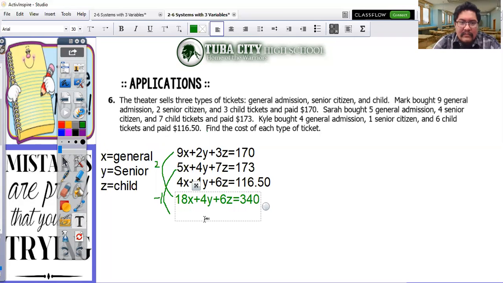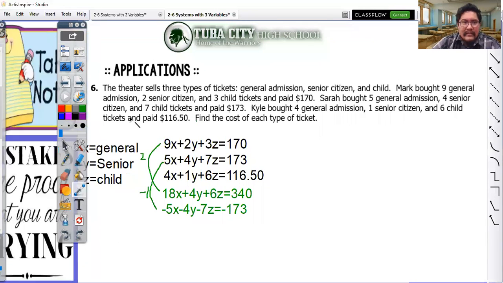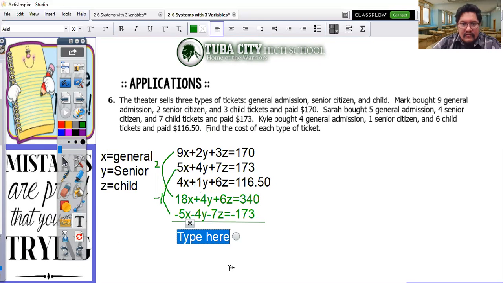Now let's go ahead and do that second equation. In this case, I'm just going to change everything into a negative. So everything changes to a negative. 7z equals negative 173. So make sure all the signs are changed and that I didn't change anything other than the signs. And that makes it pretty straightforward. Let me go ahead and take this and subtract what we have.